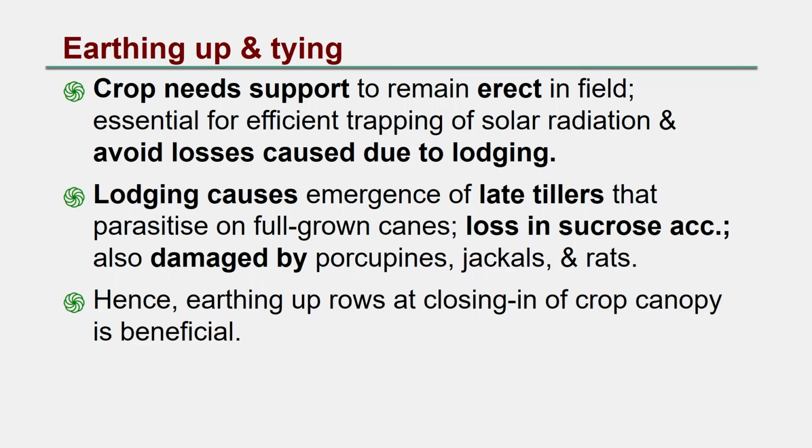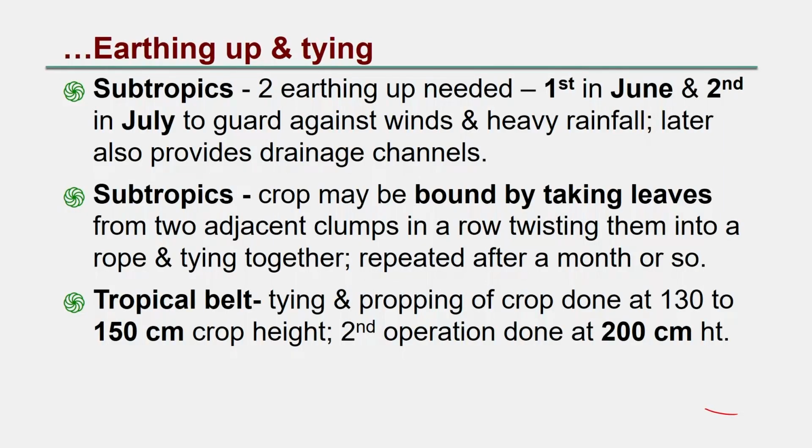Earthing up is done to prevent water logging in the field. You can make some furrows and make the lower base part of the sugarcane stronger so that lodging does not occur. Similarly, tying of the sugarcane crop is also important, which prevents the crop from lodging. In most situations you have to tie the crop two times during the growth of the crop.